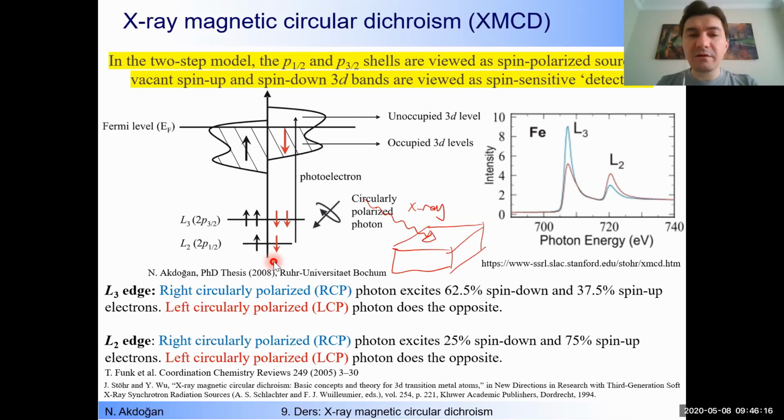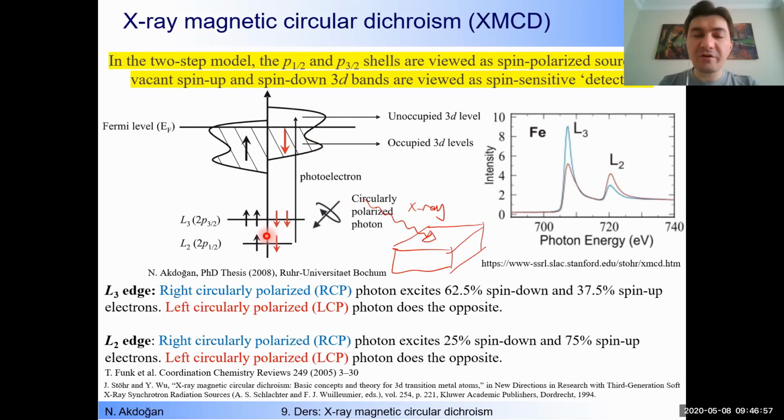So let's consider that we have sent soft X-rays to the material with the energy of the L3 edge, okay? Then you excite spin-up electrons from that level to that level. Or you can excite spin-down electrons from that level to that level, okay? But what about the unoccupied 3D levels in that condition?